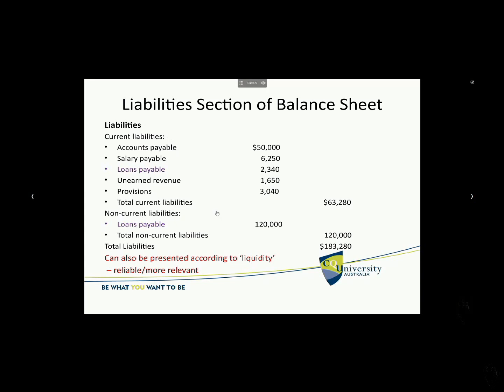And when liabilities are set up according to liquidity, it means that they are ranked according to when they are payable. It generally means that the liabilities that would normally be in the current liabilities section would appear early in the list, and those in the non-current section will appear late in the list. They're ranked according to their liquidity or when they are expected to be paid.